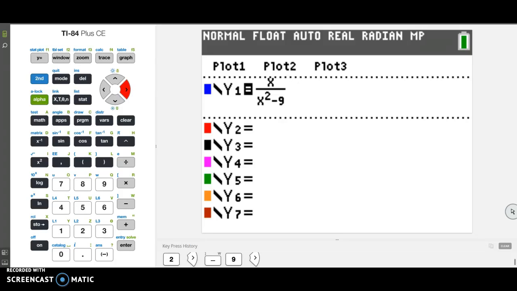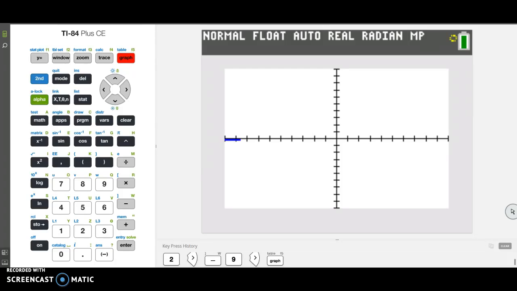So I'm going to hit graph. Let me finish this one. Then I hit graph. Everybody good? Everybody saw where I hit x right here for the quick x? Oh, look at that. There are 3 of them.